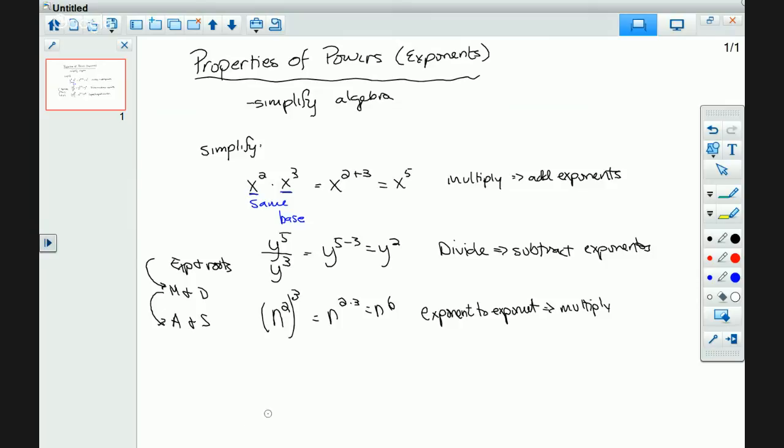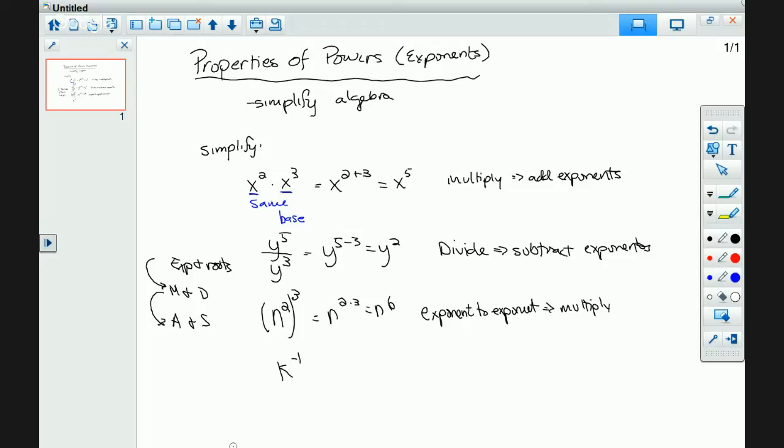What does a negative exponent mean? Anybody remember? That's the next one, though. Keep that in mind.